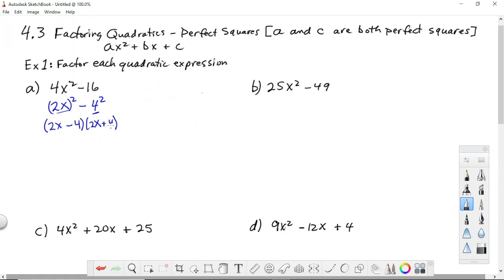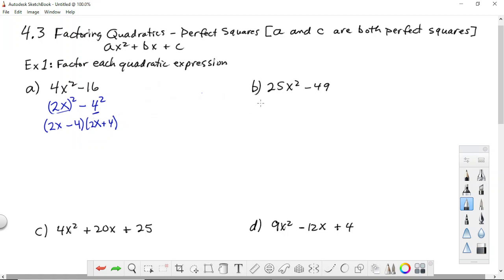And notice the first one was minus 4, and then you have plus 4. And of course, you could do it the other way around. It could be 2x plus 4 times 2x minus 4. Either way, usually we put the 2x minus 4 first. It seems to be the conventional way, but it doesn't matter. So that is now factored. It's just that easy if it's a difference of squares.